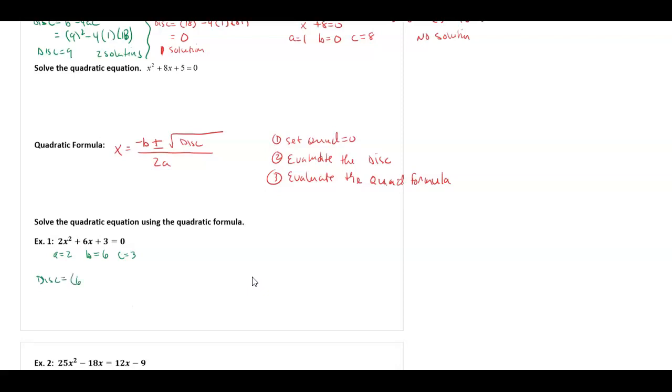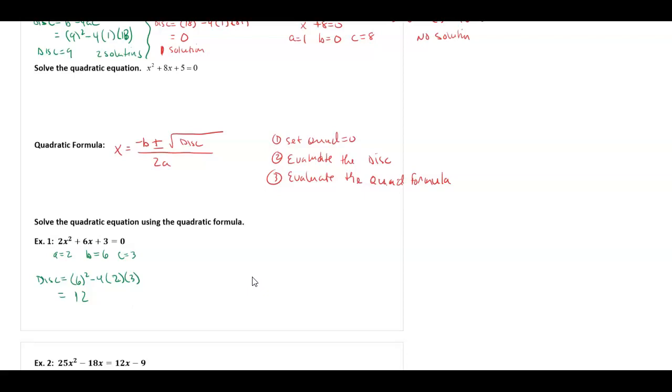I'm going to do 6 squared minus 4 times a is 2 times c is 3. That is 36 minus 4 times 2 times 3, which will give you 12. So now that I evaluate the discriminant, I know there are going to be 2 solutions.